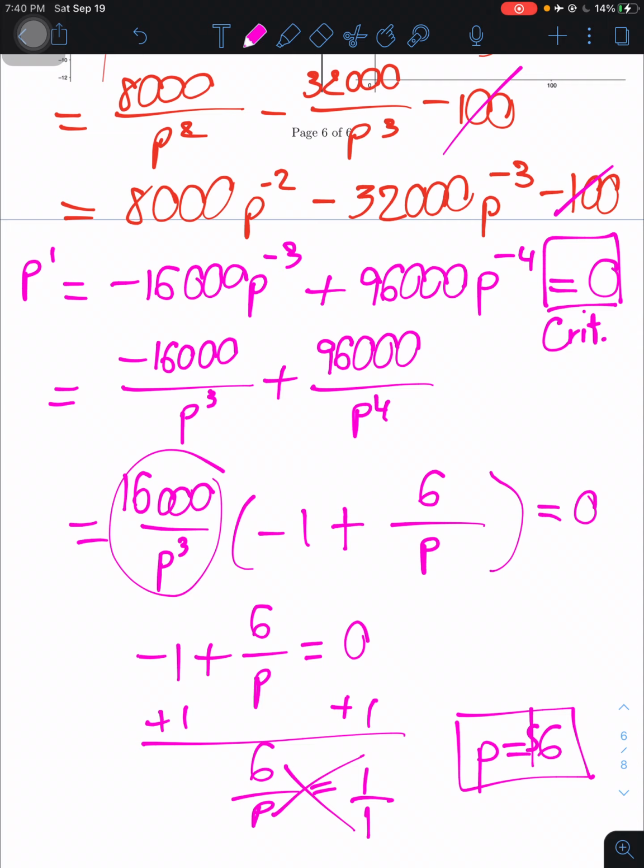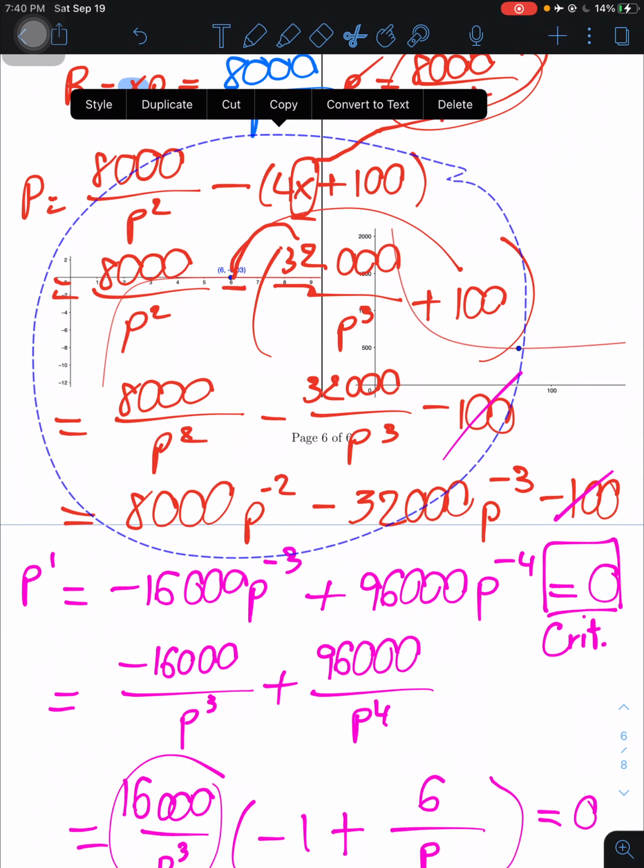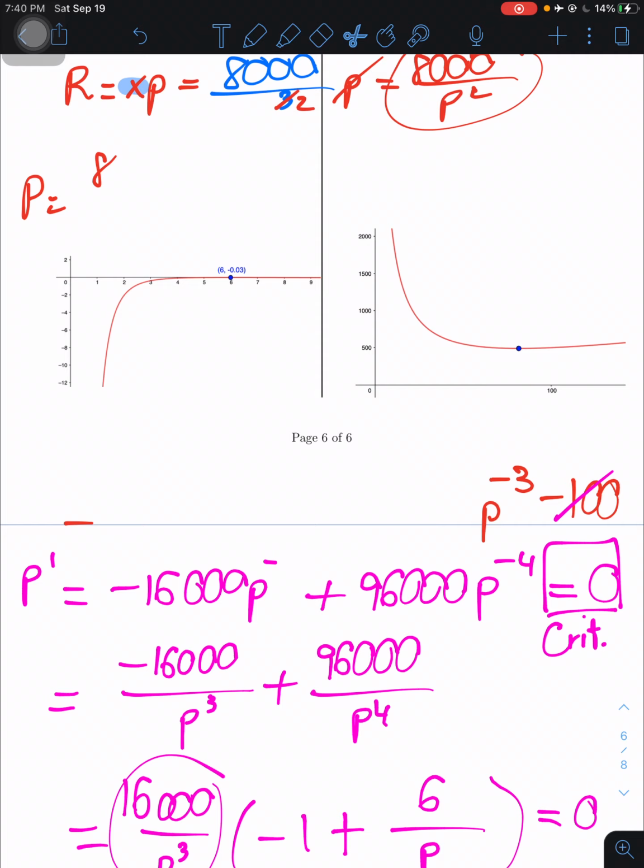And if you want to double check the answer with the graph, let's do it really quick by getting rid of some of the work in here so that we can actually see the graph. If you go ahead and graph the function that you got earlier into GeoGebra or Desmos, you will see that it gives a maximum in here, right? Everything on the red curve has to be lower than that.